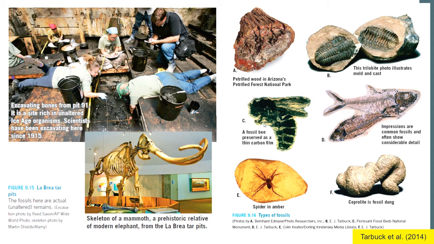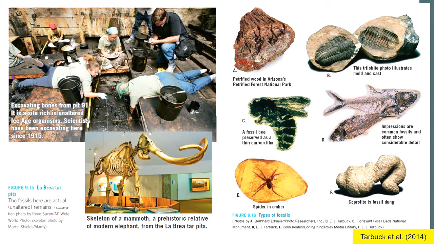And then you see here a fossil bee preserved as a thin carbon film between layers of sedimentary rock. These are impressions of fish from prehistoric time, and this one is coprolite, fossilized dung, or excrement. And then we see here a spider trapped in amber.